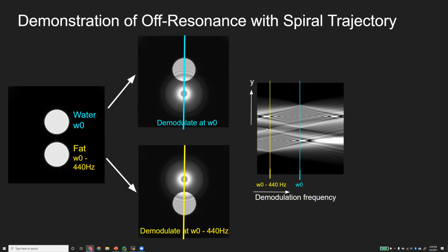So there's this pattern of blurring where the blurring occurs on top of the other circle. And this is related to the point spread function of the spiral trajectory. For example, if we had a single point at water frequency, and we demodulated that point at a continuum of demodulation frequencies, you can see that this blurring has this pattern.